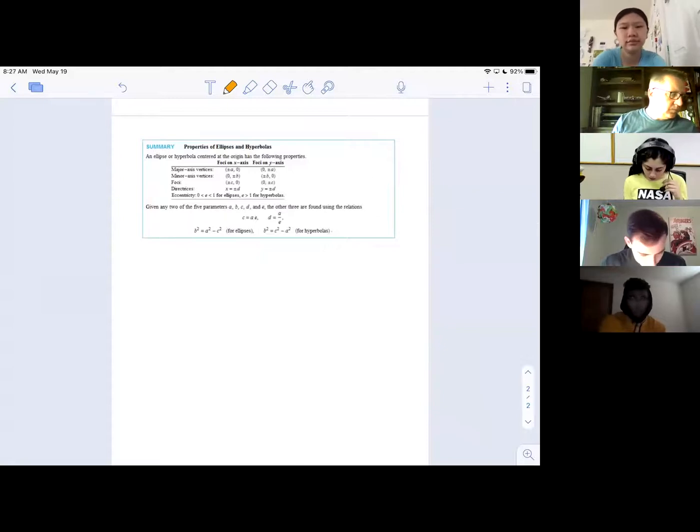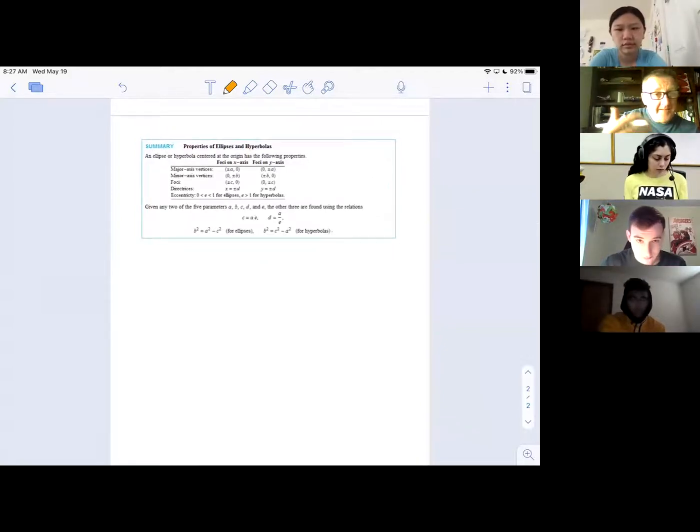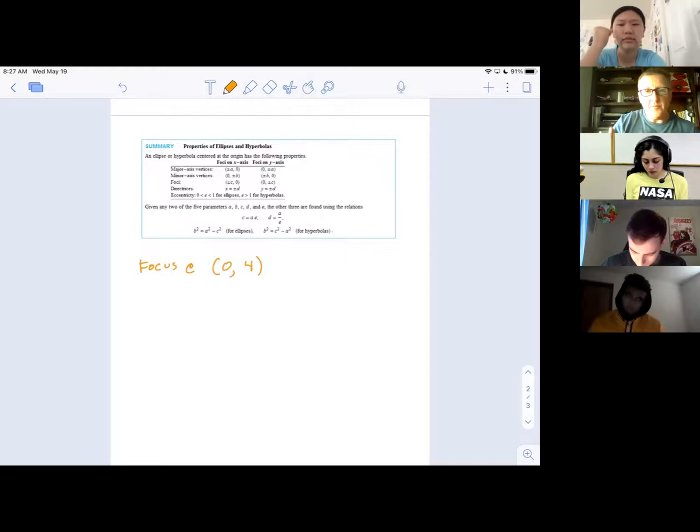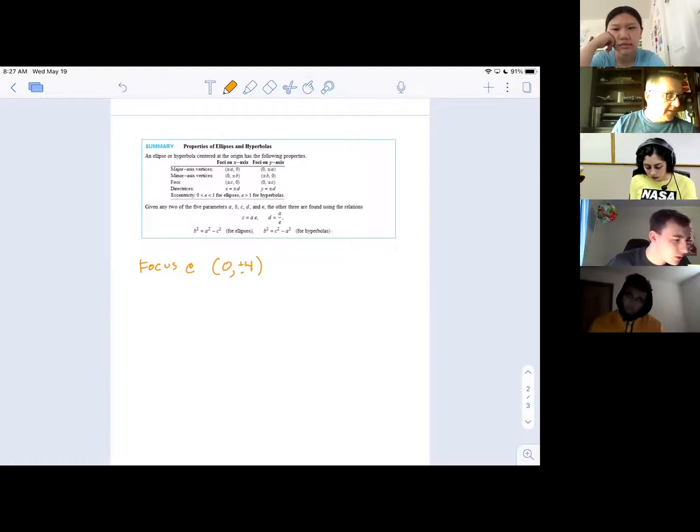What if I told you the focus is at 0, 4 and 0, -4. I could write 0, 4 and 0, -4, but instead I'll just write 0 ± 4. So there's two focuses. There they are.